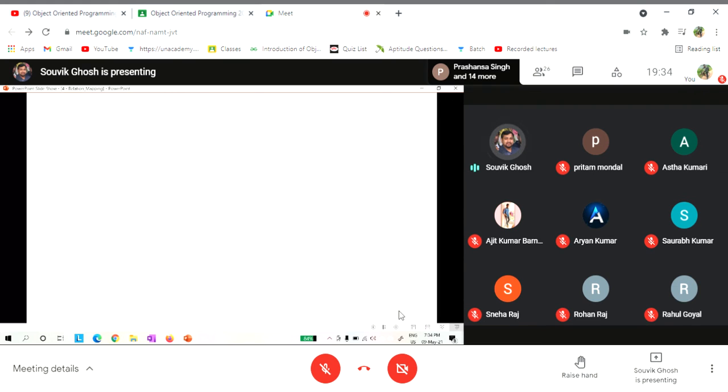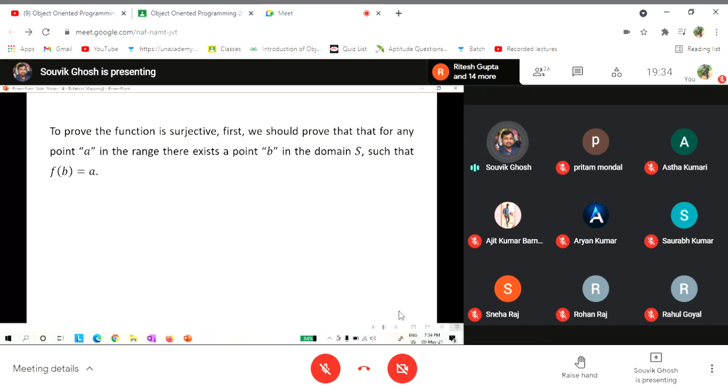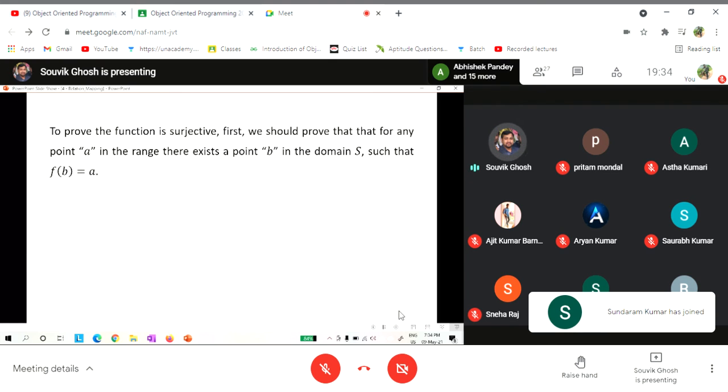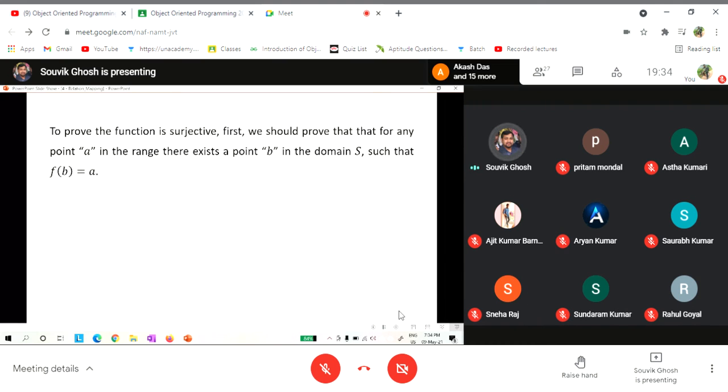Now we have to show that this function is surjective also. To prove the function is surjective, we should pick one arbitrary element A from the range and show that there exists a point B in the domain such that f(B) = A. That means there exists at least one element in the domain that maps to that element.